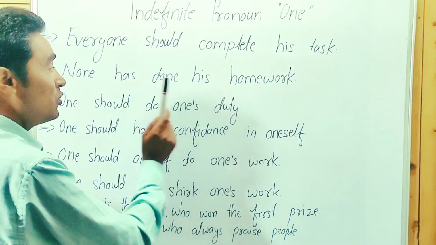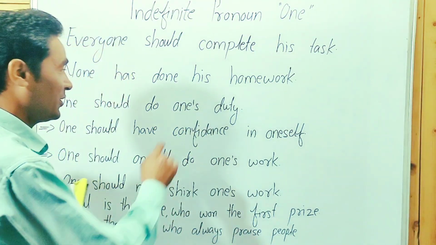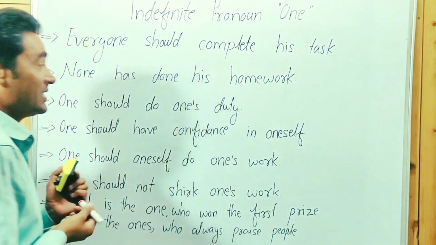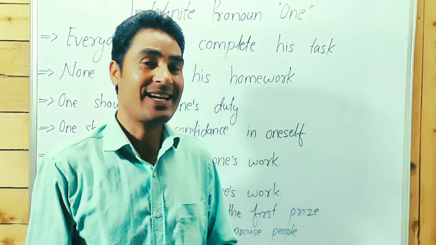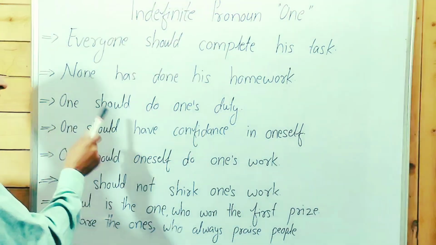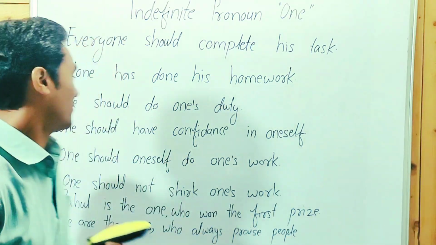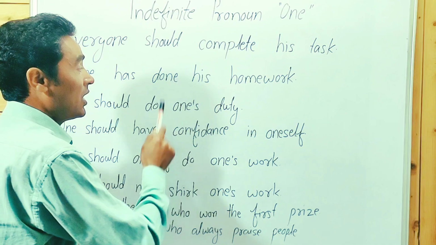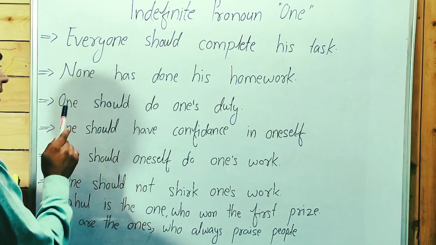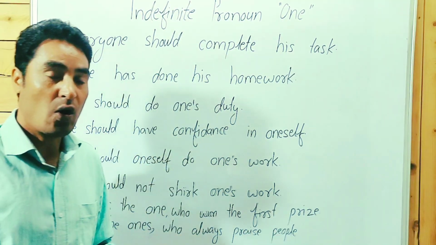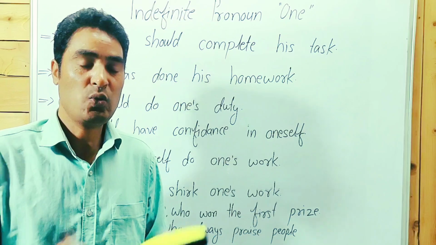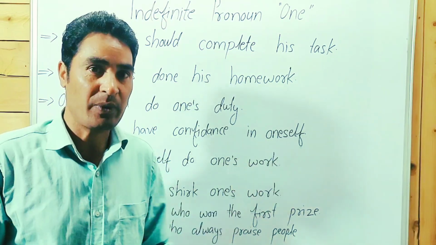One should do one's duty. Guys, point to be noted here. We are talking about possessive case, apostrophe s. As I told you, one is the only pronoun that takes apostrophe s. One should do one's duty. One applies on every one of us. One is common in people.